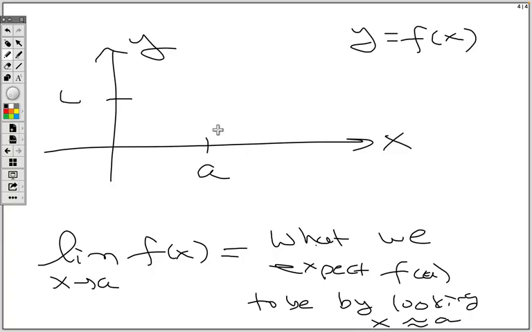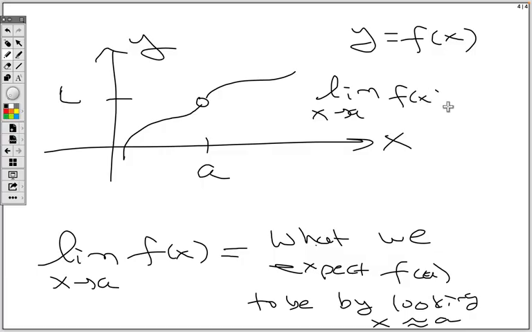So if the limit is equal to L, then the picture we get from this is something like that. So as x gets closer and closer to a, without actually being at a itself, the function values, aka the y values, are getting closer and closer to L. What's actually happening at a, the limit doesn't care about.